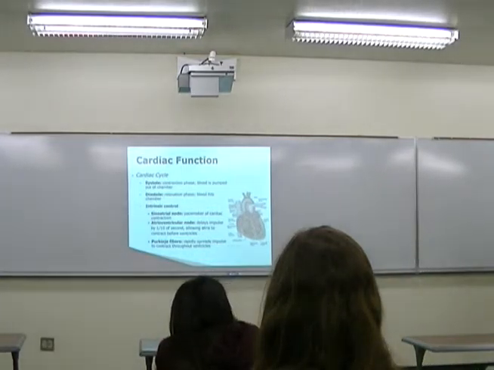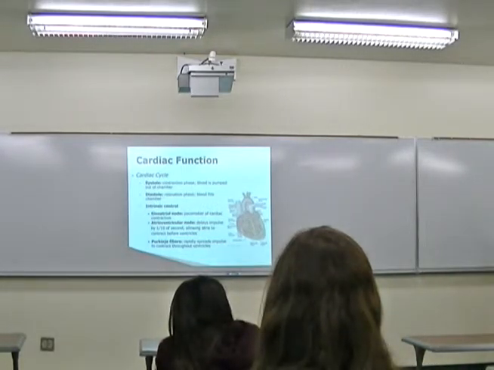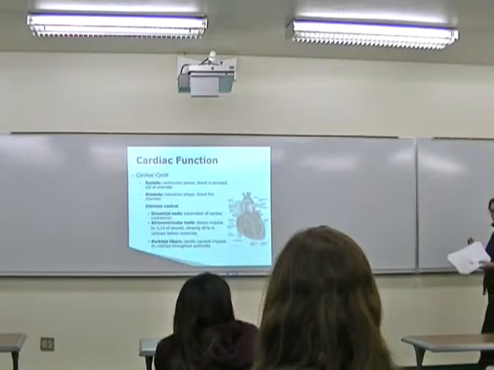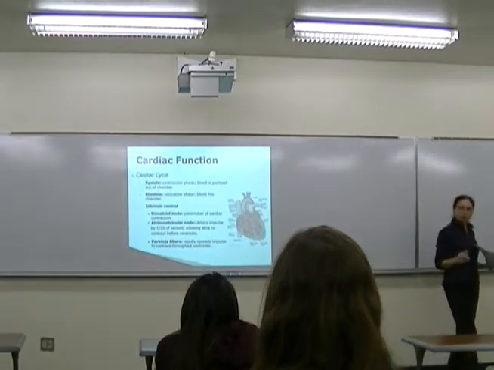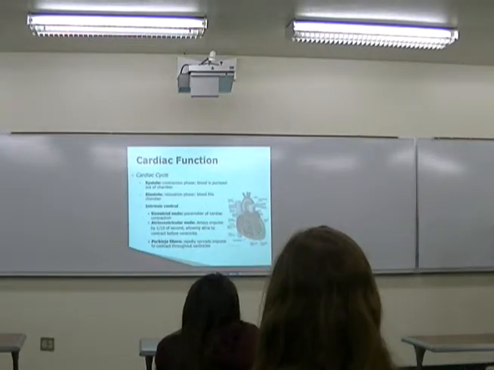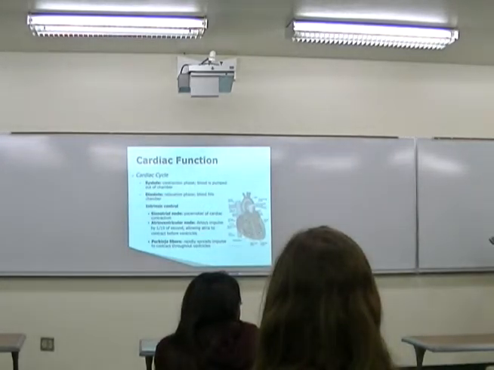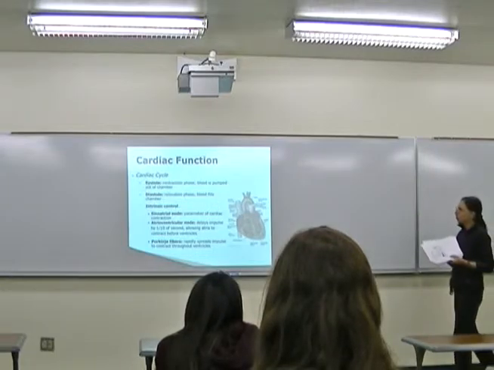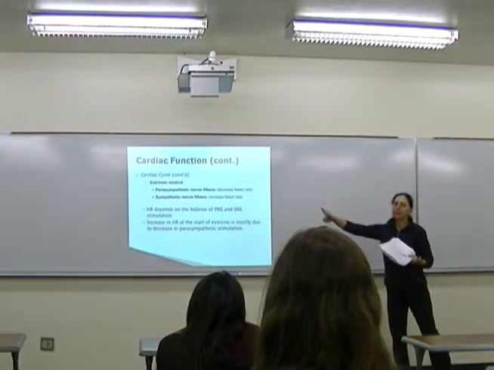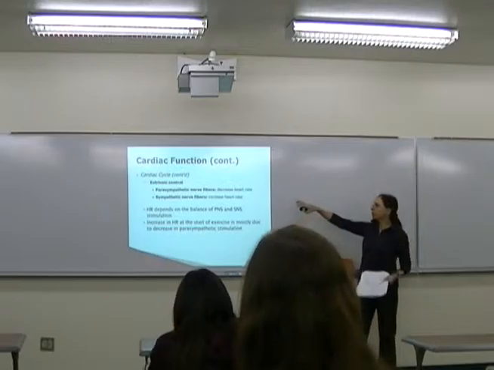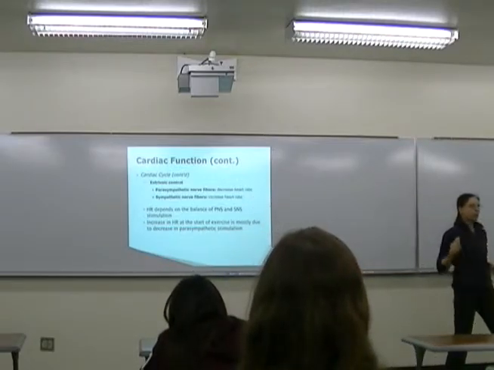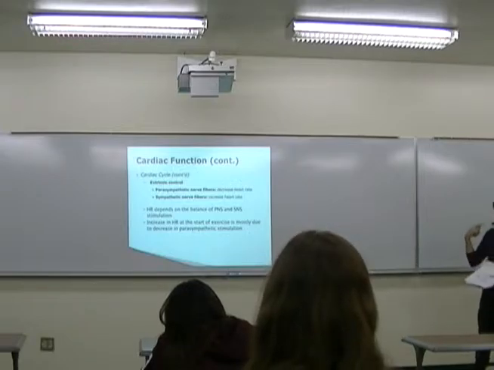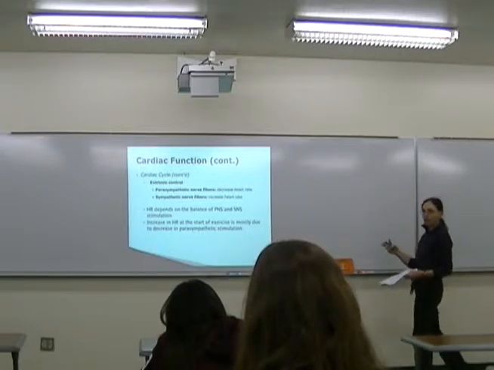Right? We're not all sitting there going, because our heart rate's like bursting out of our chest. So there has to be something else going on that plays into the picture. And what we have is our other lump, our extrinsic control. So our intrinsic control is sinoatrial node, AV node, Purkinje fibers.